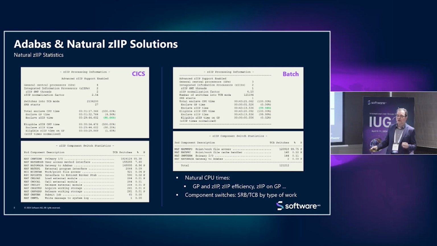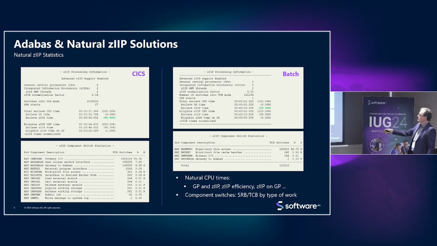So this KICS is not using our solution that allows the entire access stub for natural to be zIIP enabled. We see that by the number of switches for this particular component. And every component that creates a switch, we name uniquely so that we can say, okay, this is the reason, and now what can we do to improve this? Some of them we cannot do anything, unfortunately, but most of them we can do something, and that's part of the optimization that we do, okay?